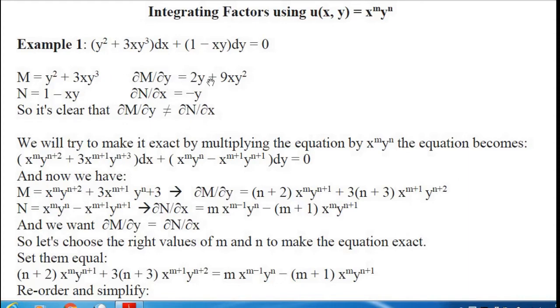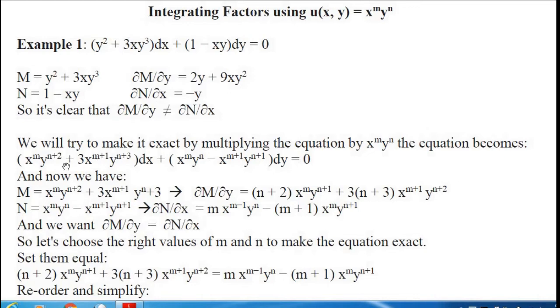Now ∂M/∂y is 2y + 9xy^2, and ∂N/∂x is -y. See, they are not equal. Therefore, the given equation is not exact.